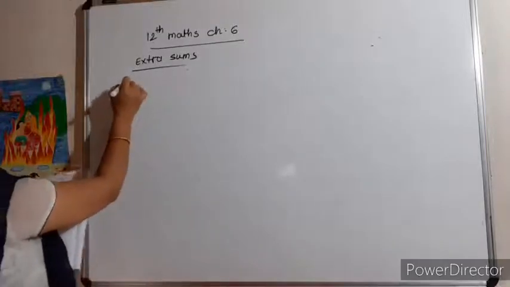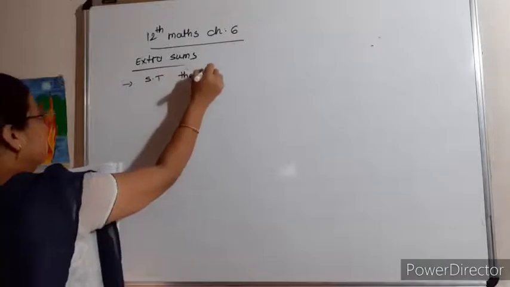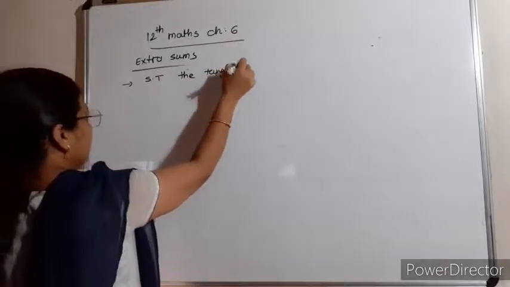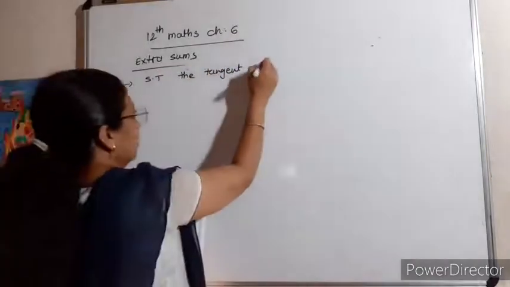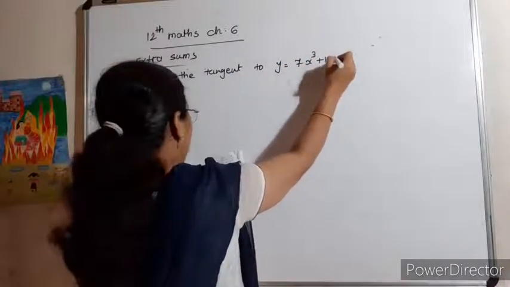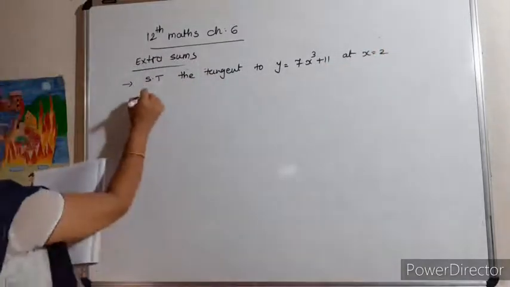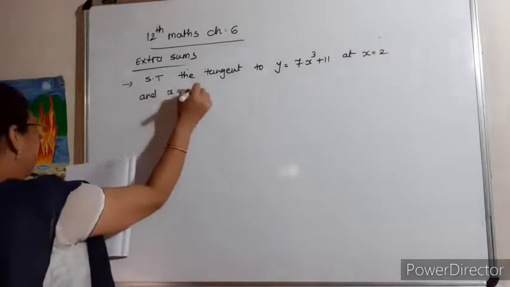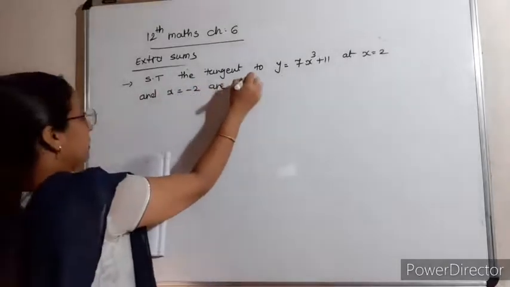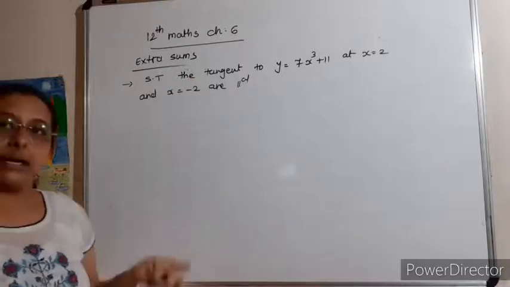Okay. Then the next sum is show that the tangent to y is equal to 7x cube plus 11 at x is equal to 2 and x is equal to minus 2 are parallel, right? अगर दोनों को parallel दिखाना है then what you have to do, that slope equal करना है, right?